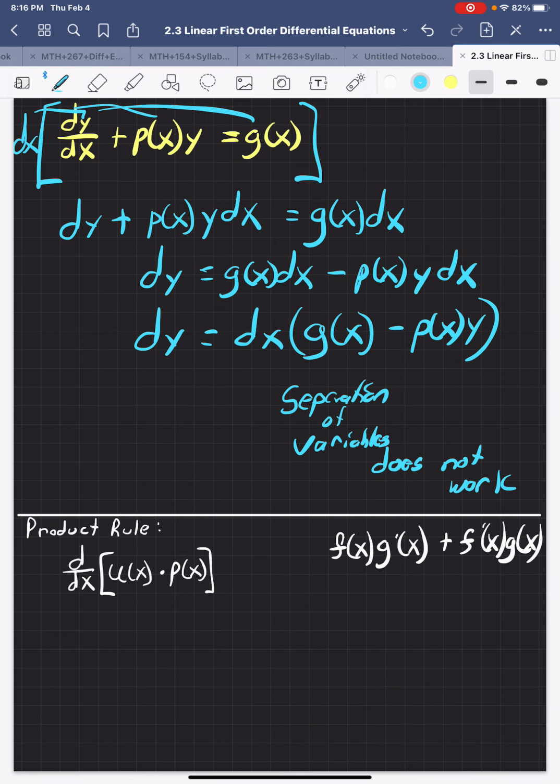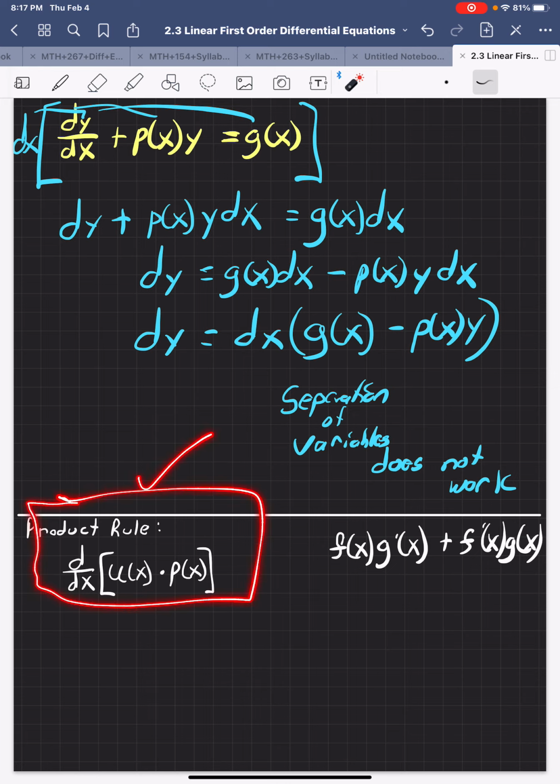So then how do we solve these linear differential equations? Well, here's what I'm going to do, if you'll allow me to. I'm going to revisit the product rule that you would have learned back in Calc 1. You'll see why I'm doing this in just a second.